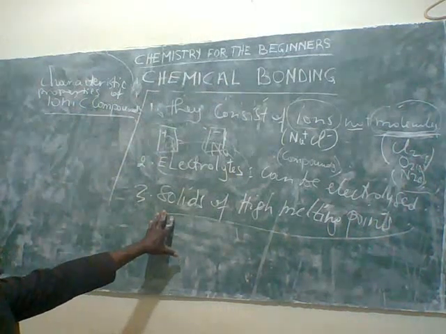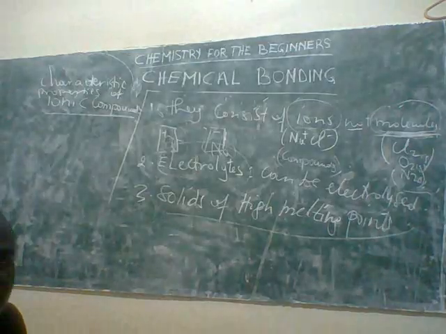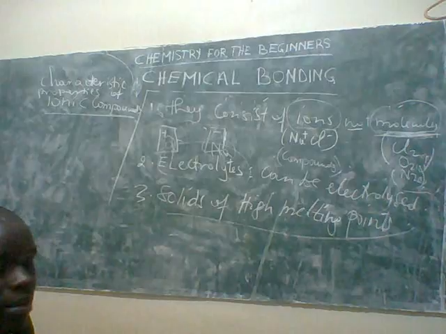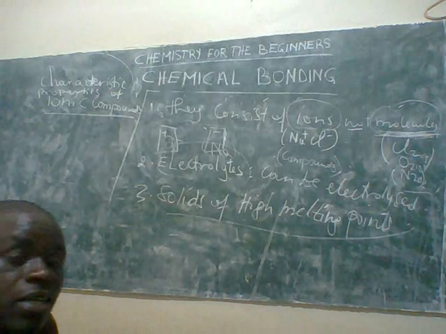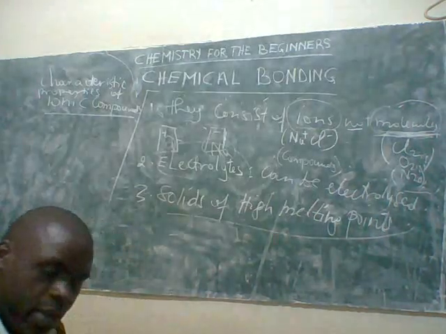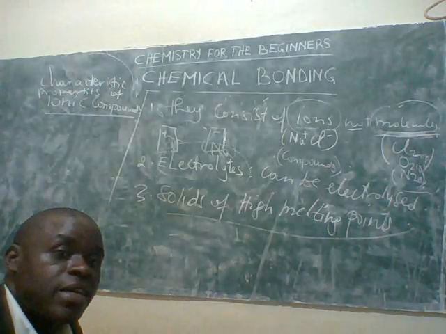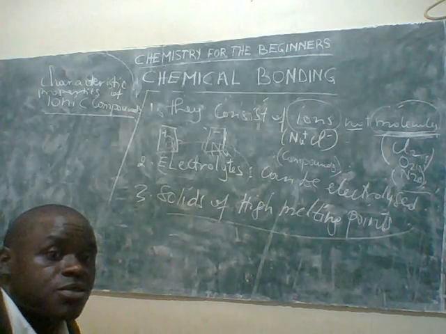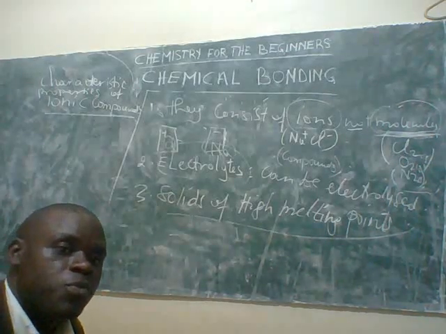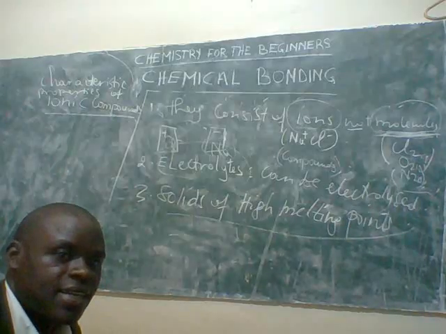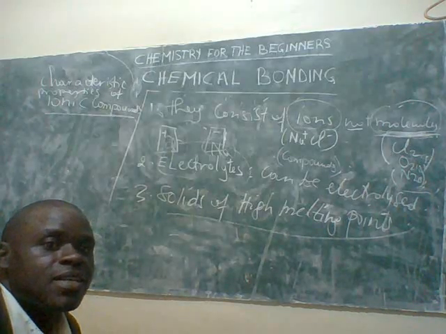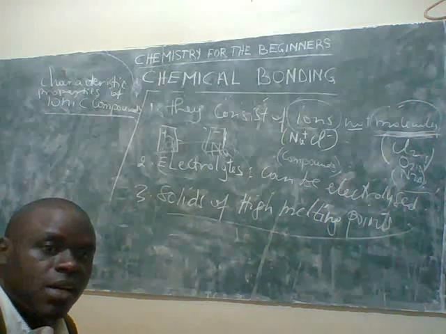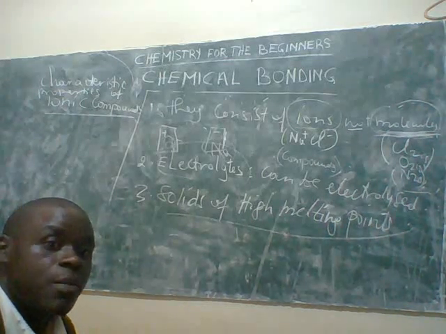I will not explain too much about this, but you have to know that with ionic bonds, like table salt, they are very soluble in water. If you take salt that you use at home and mix it with water, it doesn't take much time to become a solution, to disappear.